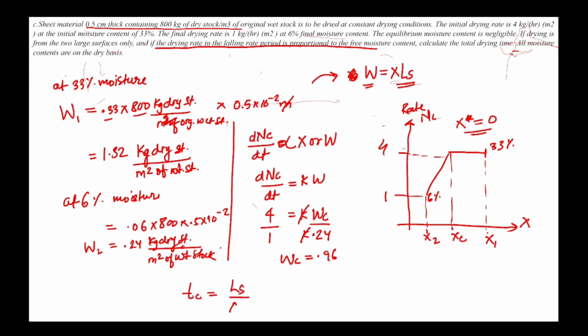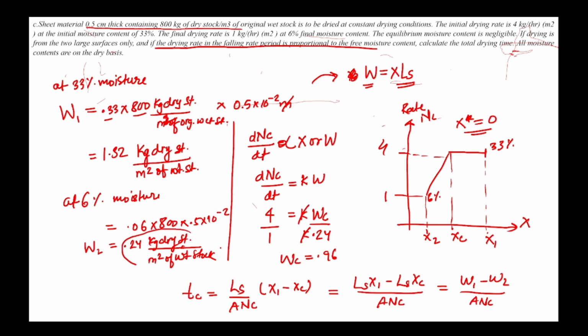Now the time at constant rate, we have everything. Ls upon A Nc, this is the formula we have for time at constant rate, times X1 minus Xc. If I multiply Ls X1 minus Ls Xc upon A Nc, then it becomes W1 minus W2 upon A Nc. Now W upon A means kg per meter square, the complete value in both cases.